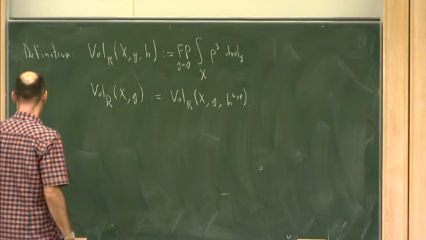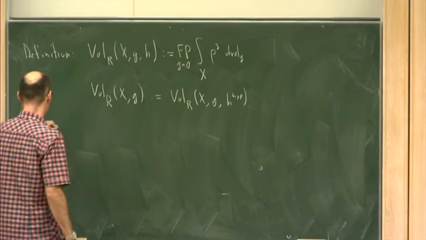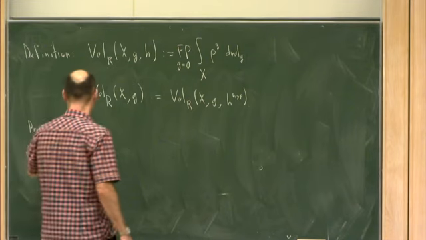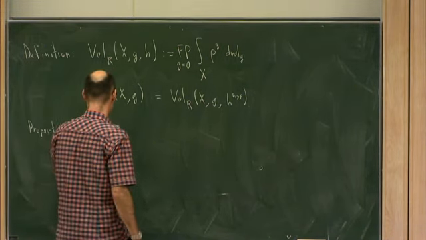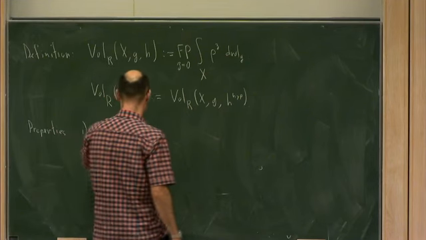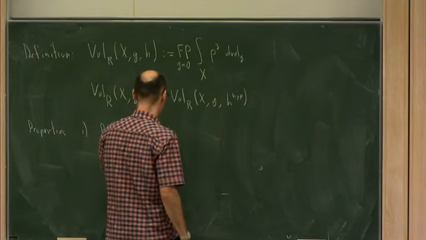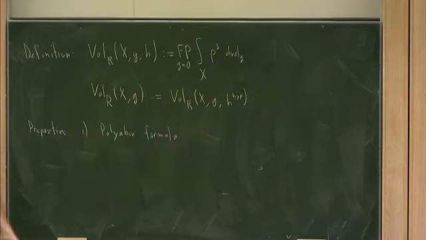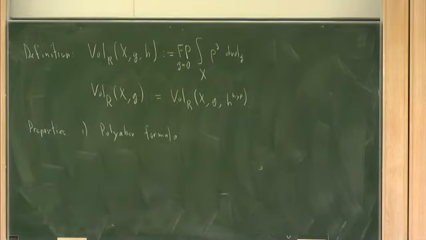So here are some properties. One is the Polyakov formula. It's the same formula as before, modulo maybe some potential correction, but it's the same.